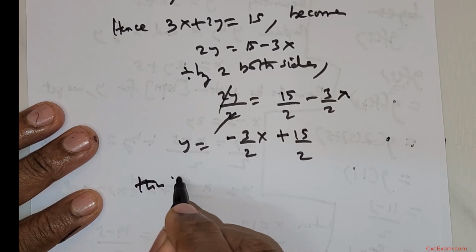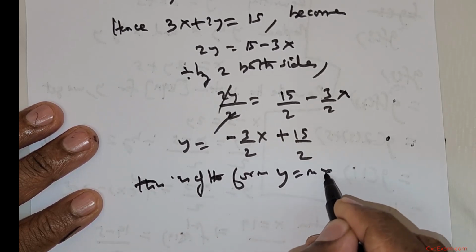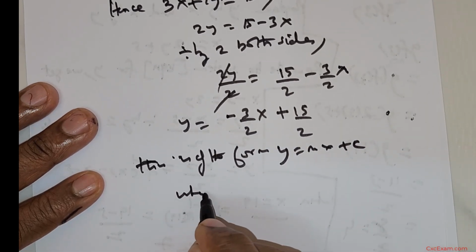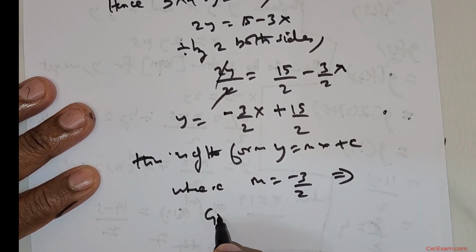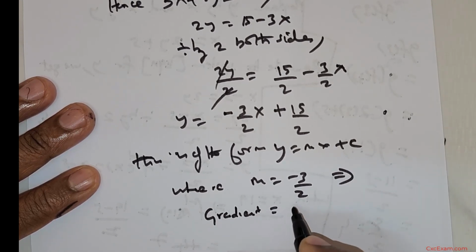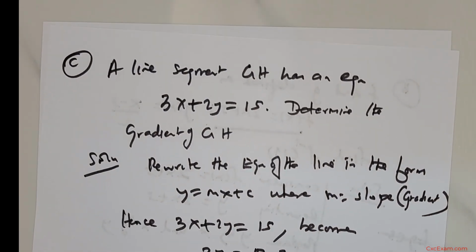This is of the form y is equal to mx plus c, where m is equal to negative 3 over 2, implies gradient is equal to negative 3 over 2. Okay, so we got the gradient.